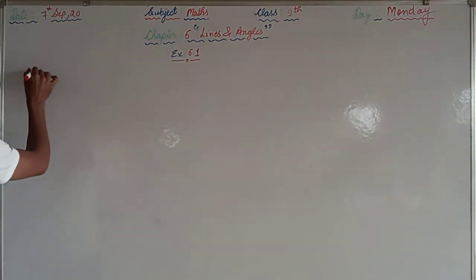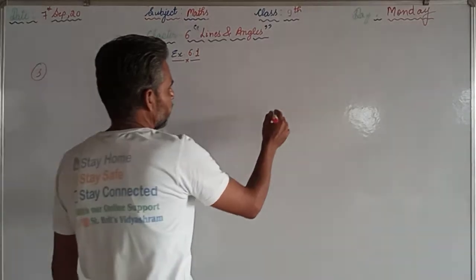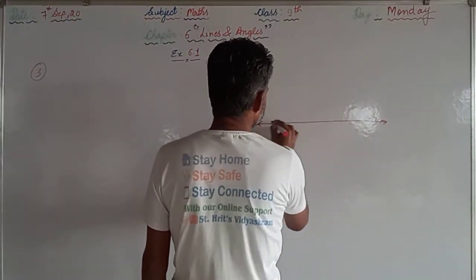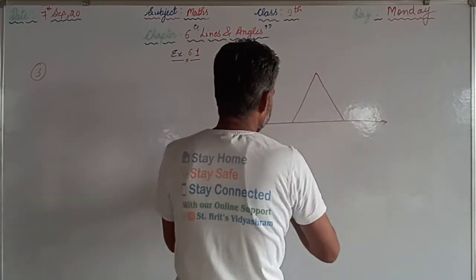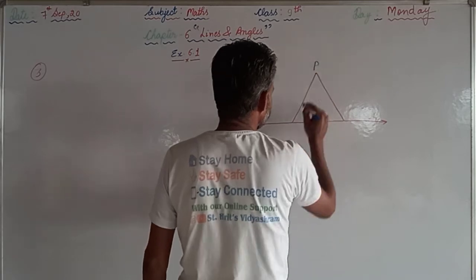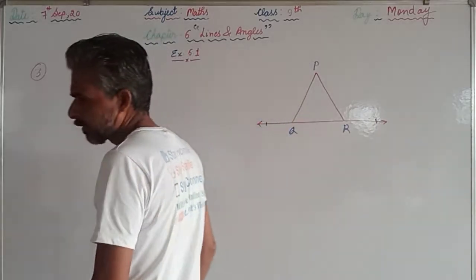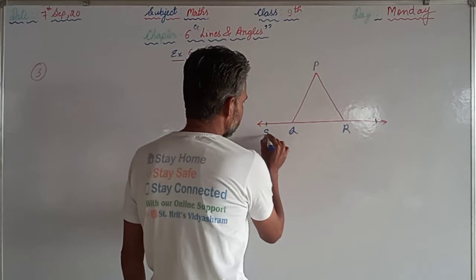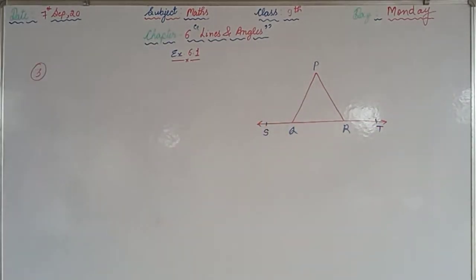In question number 3, the figure has been given like this. And naming has been done P, Q, R, and here 2 points are there, S and T. This is S and this is T. So what is the information given in this figure?